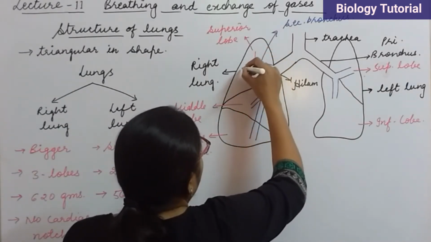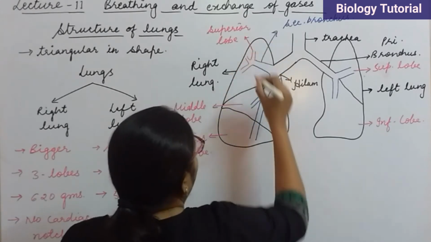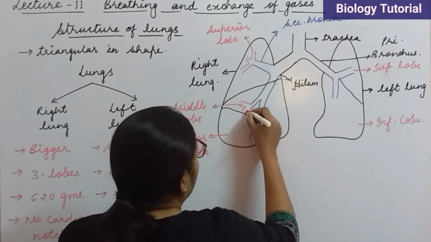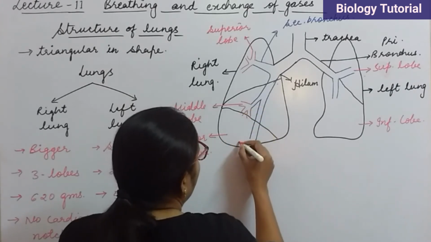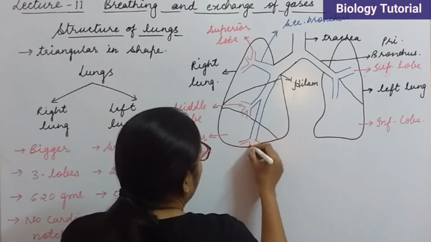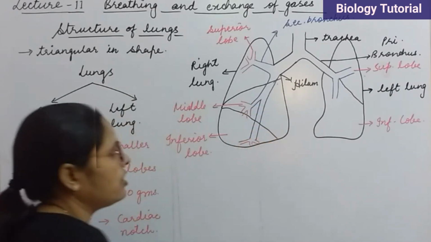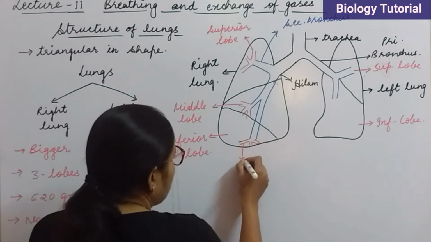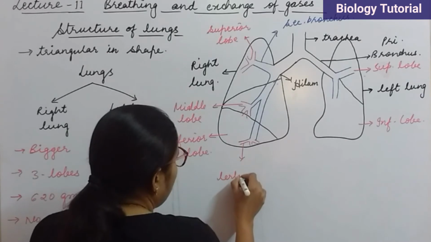So these are the branches of secondary bronchi. Clear? These branches of secondary bronchi are called tertiary bronchi.